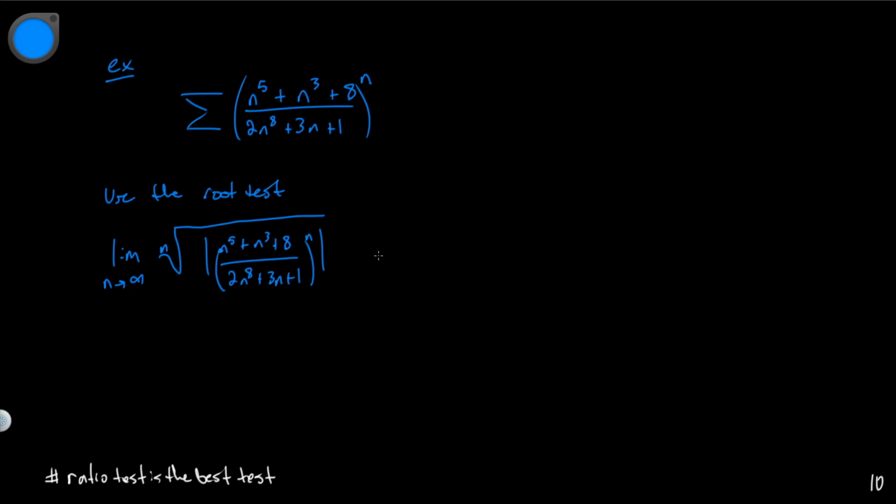All right, this is going to be the limit as n goes to infinity of the nth root and the nth power are going to cancel each other out, and we're going to be left with the absolute value. Boom, and then this limit goes to 0.